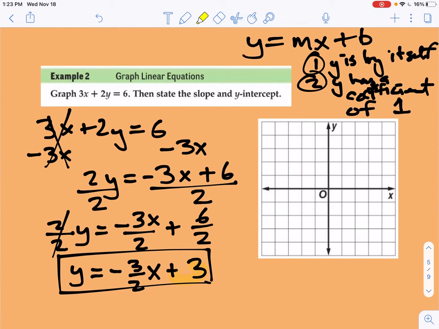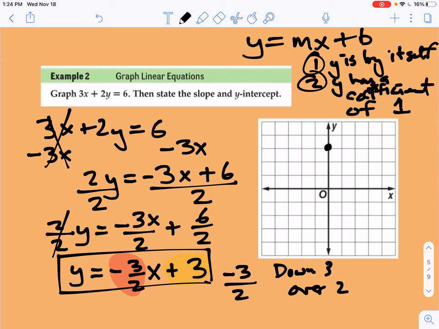I'll highlight my y-intercept, and then we'll highlight our slope so we know how to do this. First of all, y-intercept is 3, so go up to 3 and put a dot. And then my slope is negative 3/2, which means you go down 3 over 2.